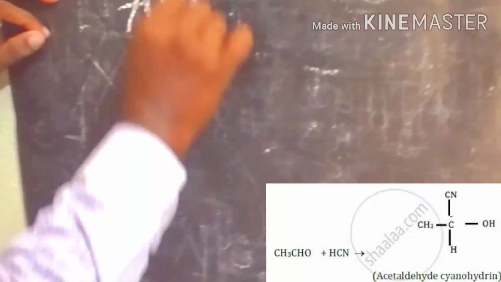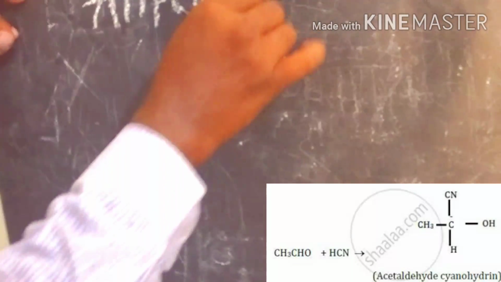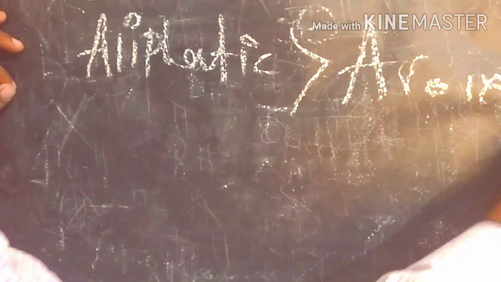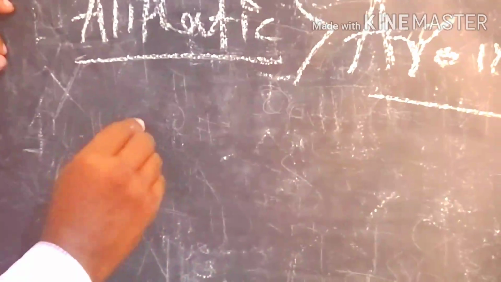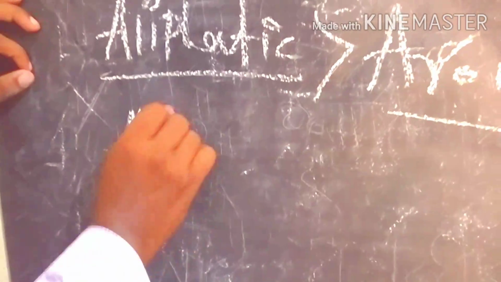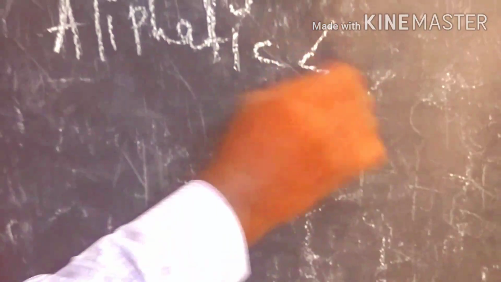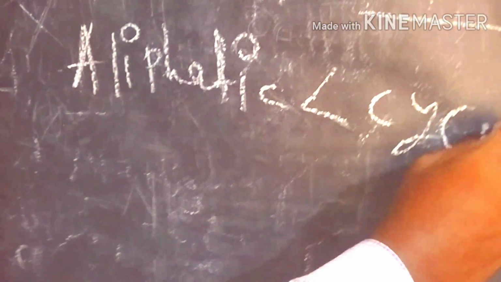The second one, aliphatic carbonyl compounds are more reactive than aromatic carbonyl compounds. Then aliphatic compounds are less reactive than cyclic carbonyl compounds.